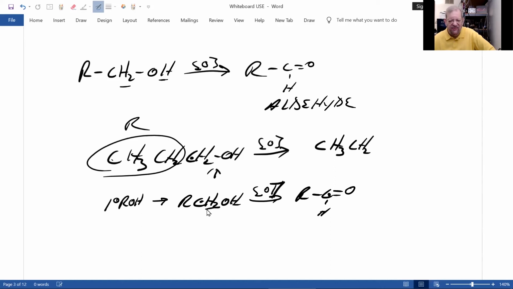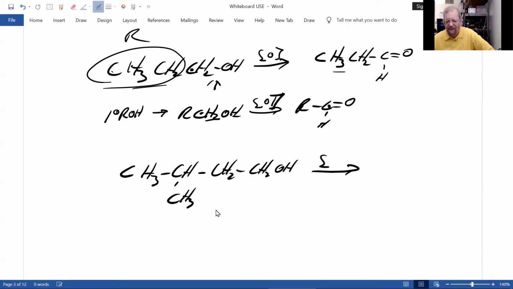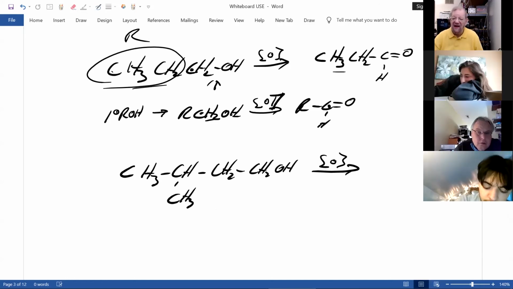In this case, you don't break the carbon-carbon single bonds, 3 across, and you get this aldehyde. Your turn. Why don't you give the product or products for the following reaction? Have fun.